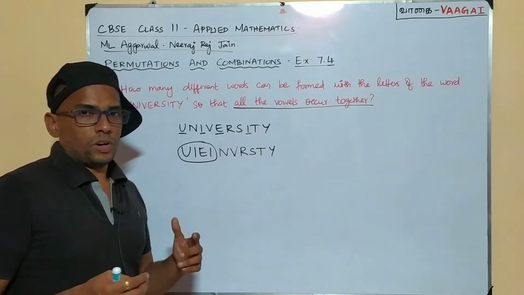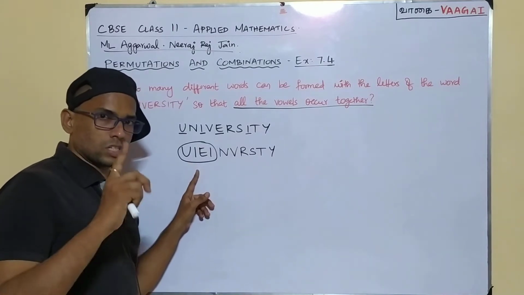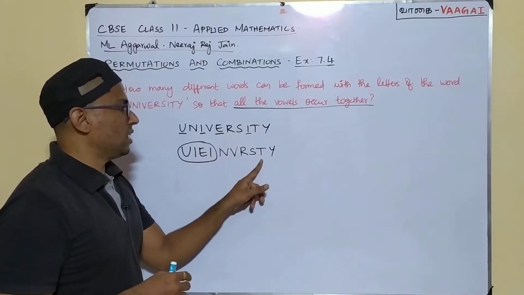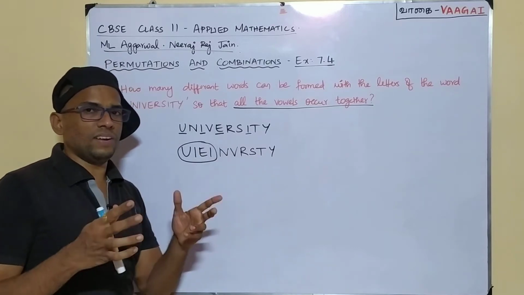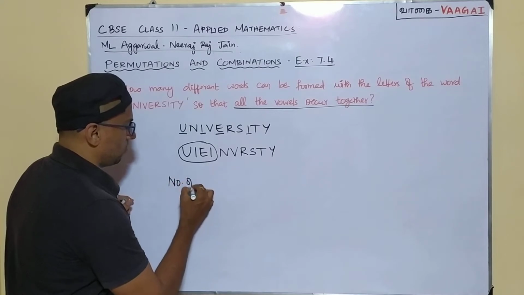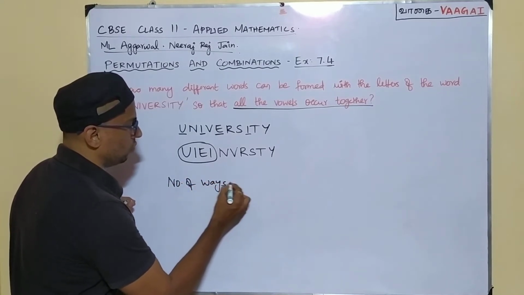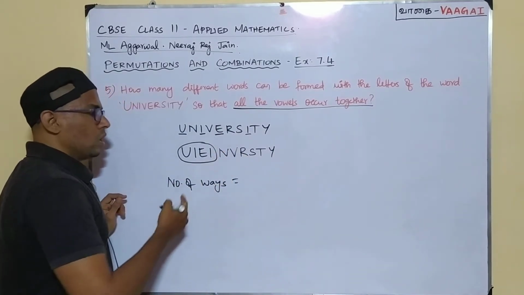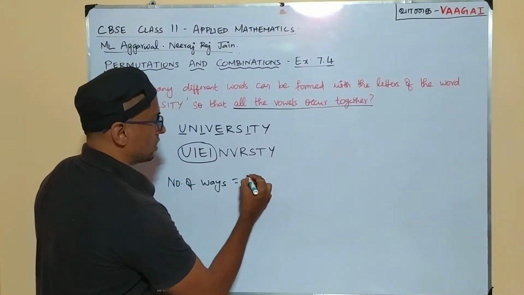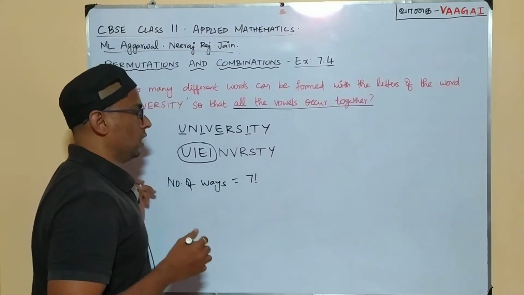Just count this as 1. Okay, 1, 2, 3, 4, 5, 6, 7. So there are totally 7 objects available. So the total number of ways in which we can form new words is going to be equal to 7 factorial.